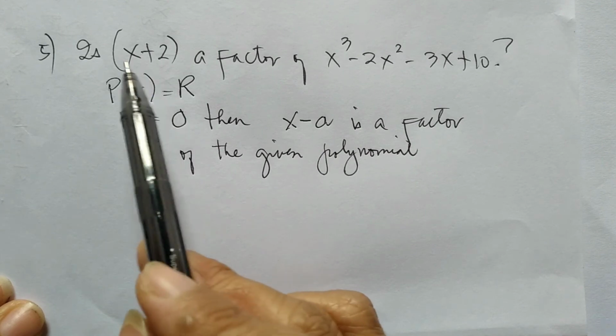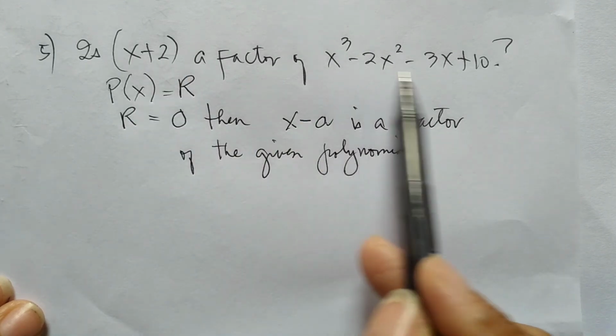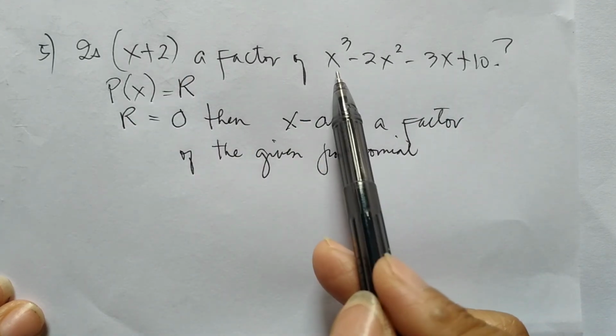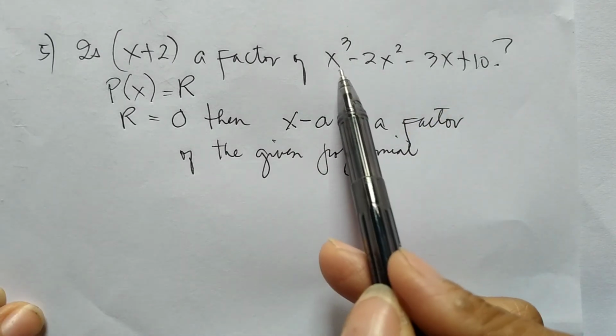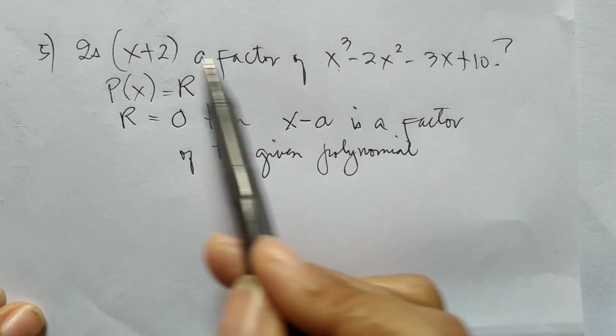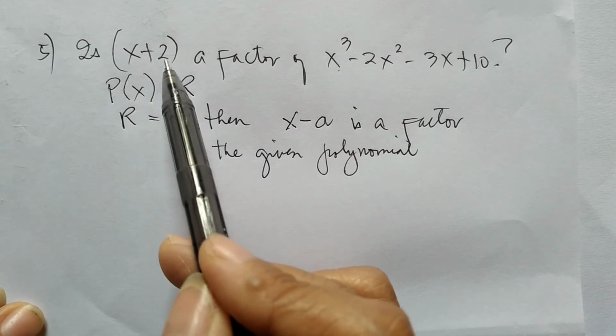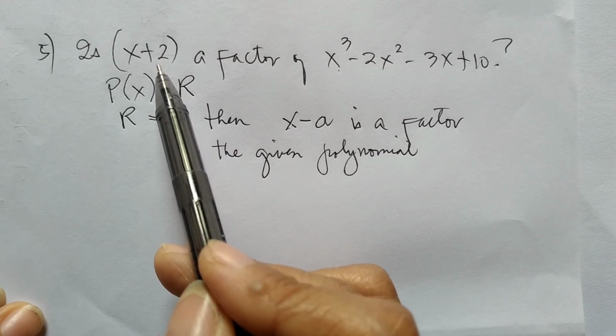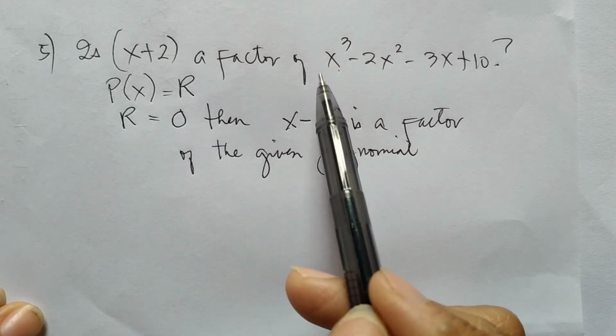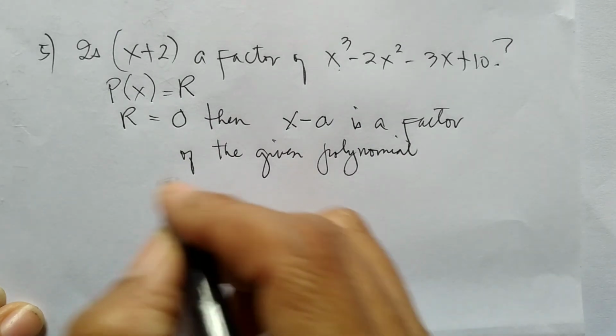For this question, is x plus 2 a factor of this one? So, let us check. And let us evaluate this polynomial replacing the value of our x with our divisor x plus 2 and replace negative 2 as the value of our x in p of x.